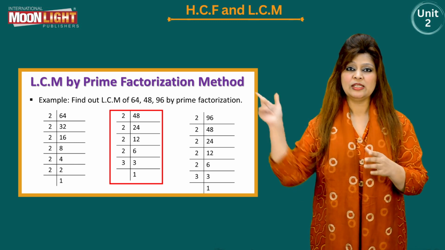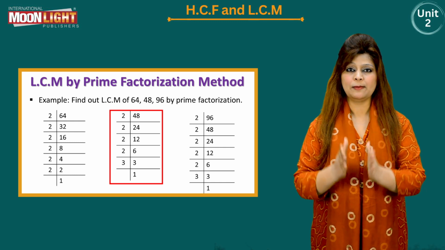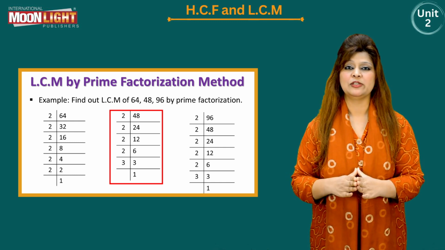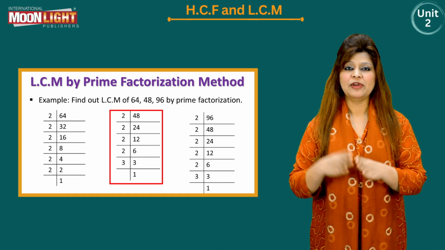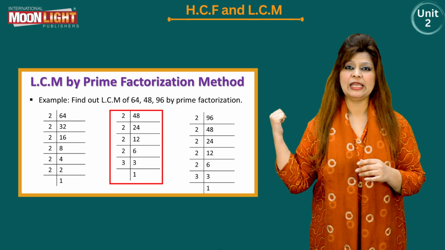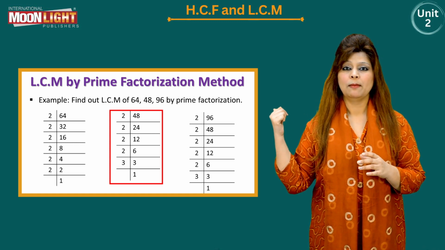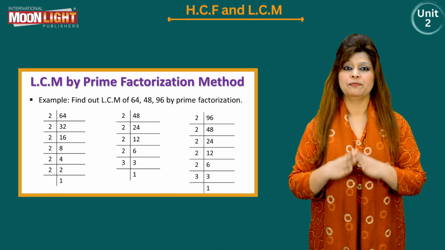So these all are prime numbers. So we are going to write it down as a product so that we get the prime factorization of the number 48. So prime factorization of 48 is equal to 2 multiplied by 2 multiplied by 2 multiplied by 2 multiplied by 3.